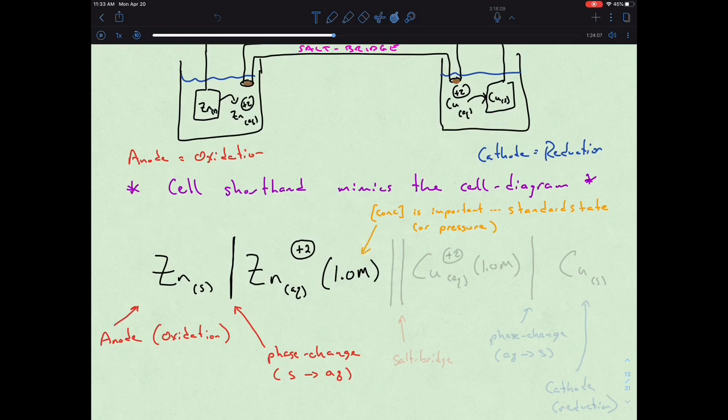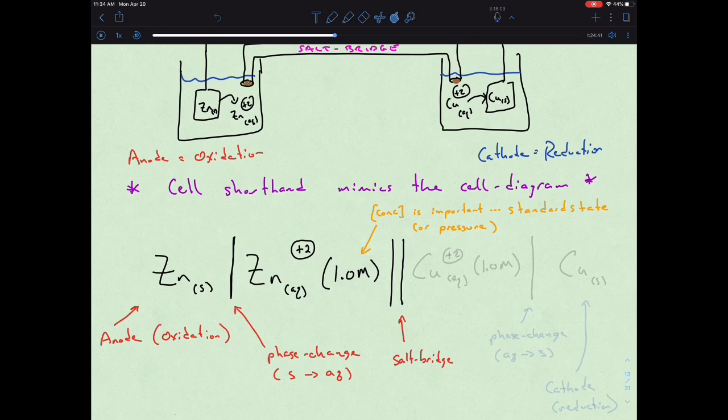And we need to represent that by something new here, and this is called our salt bridge. Just like we had above with our anode and cathode, they're both separated from one another as far as the solutions are concerned.